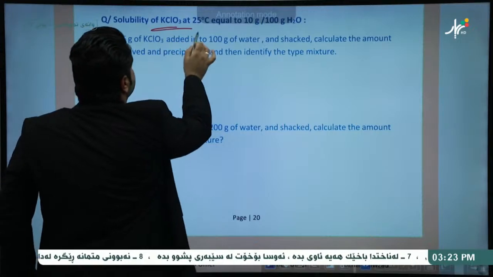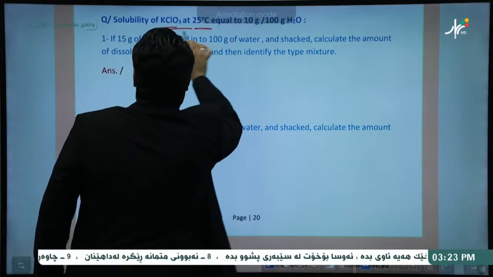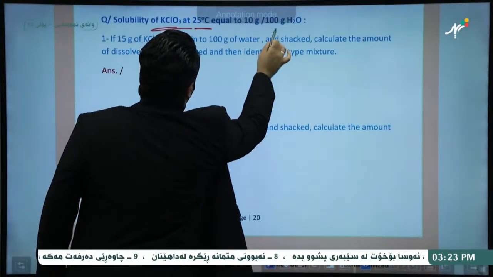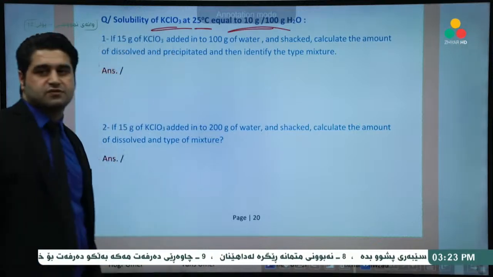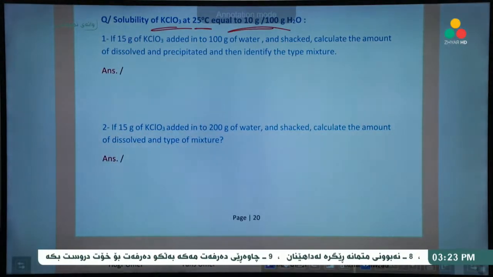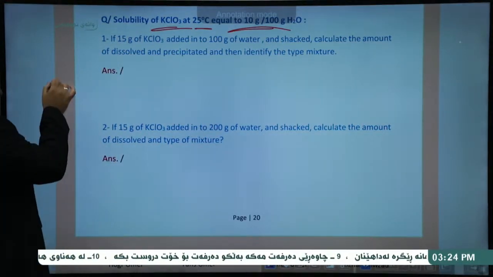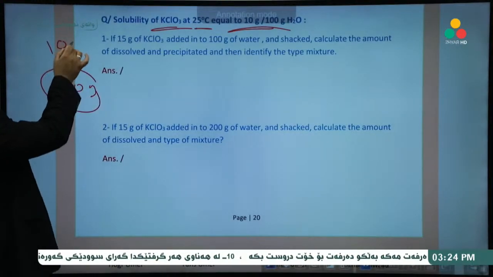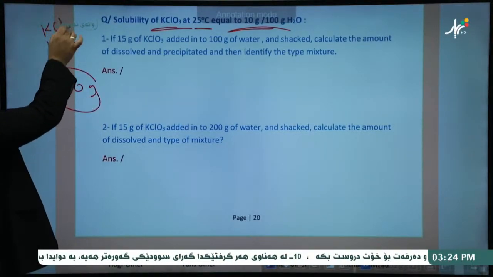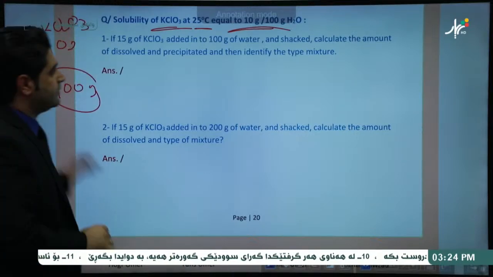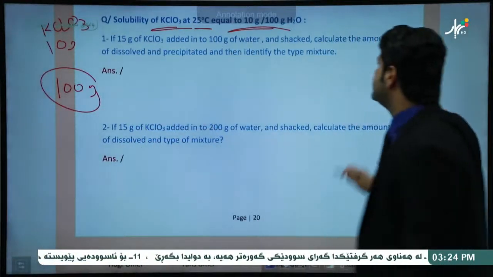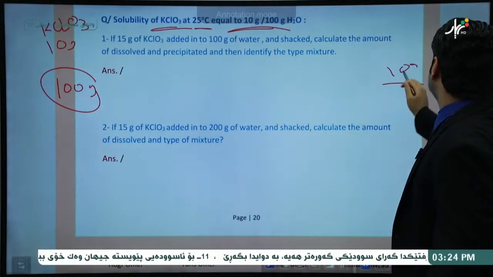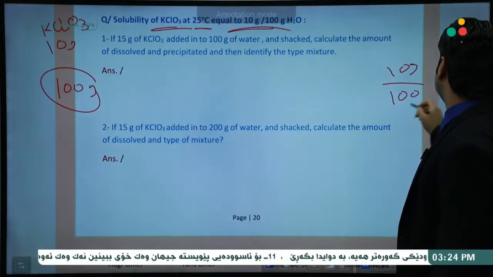If at 25 Celsius degrees the solubility of KClO3 equals 10 grams per 100 grams of H2O, it means if we have 100 grams of H2O, it can dissolve 10 grams of KClO3.